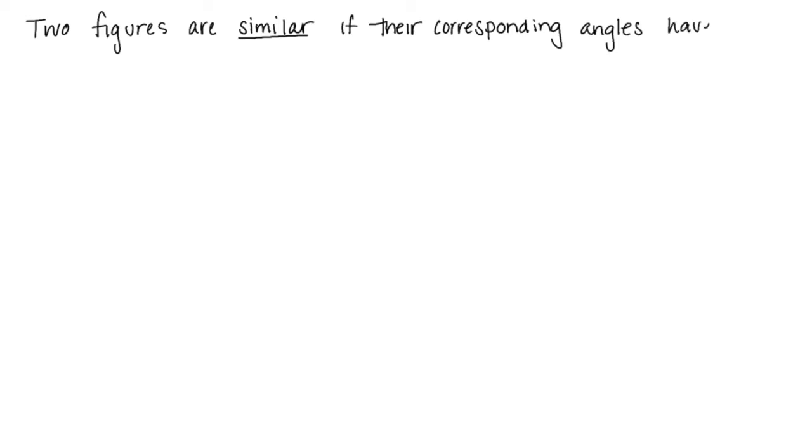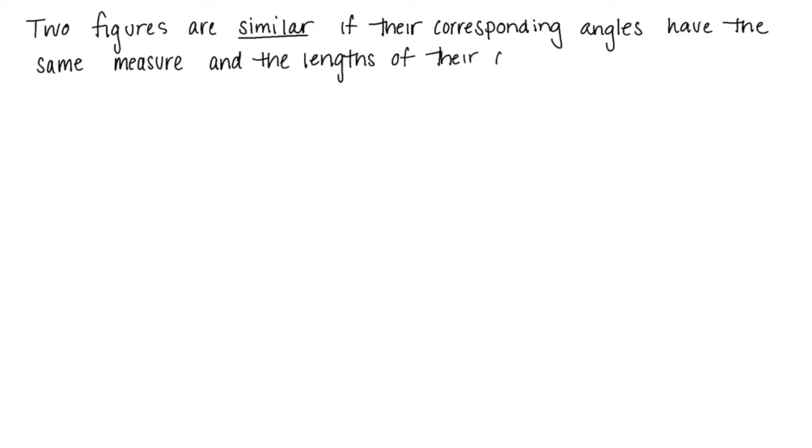So two figures are similar if their corresponding angles have the same measure and the lengths of their corresponding sides are proportional.